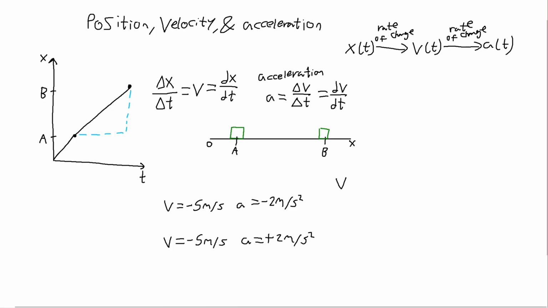So if velocity and acceleration have the same sign, if they're both positive or both negative, then speed is increasing. If velocity is positive and acceleration is negative, or if velocity is negative and acceleration is positive, then the speed is decreasing.